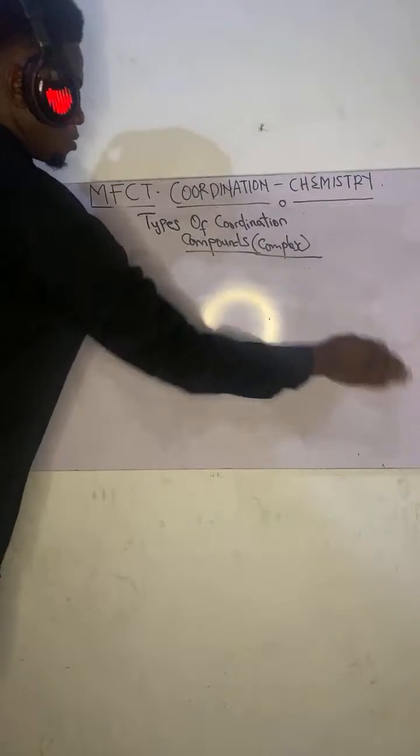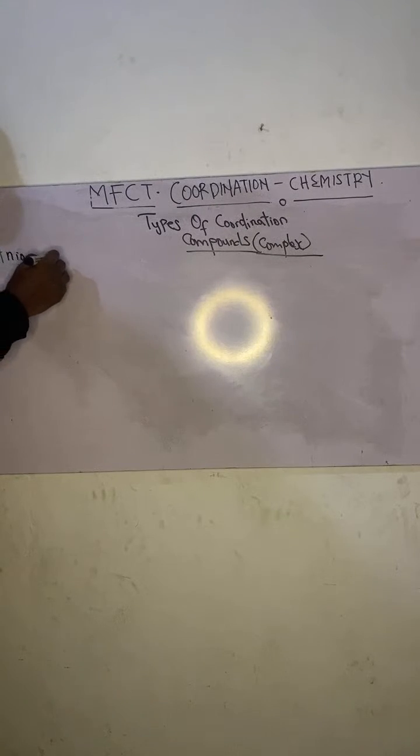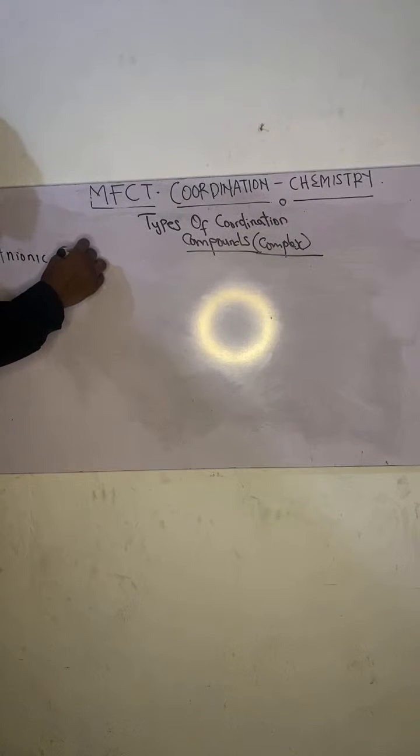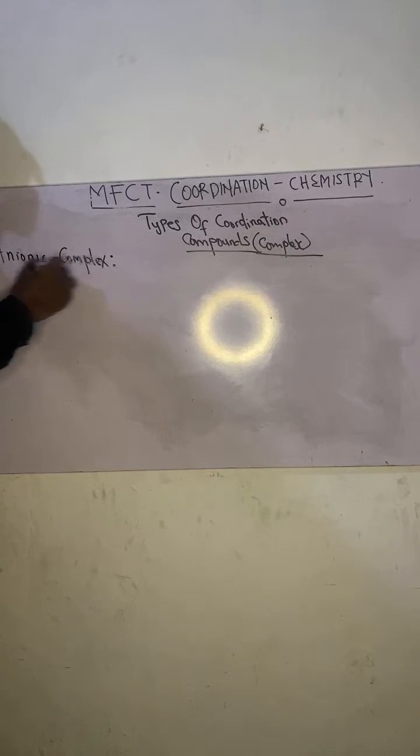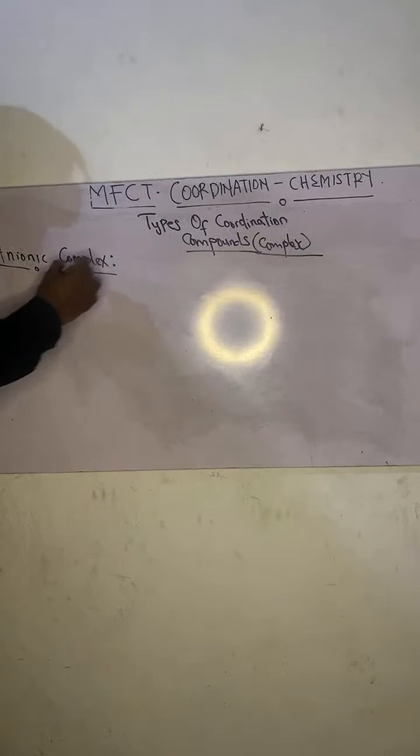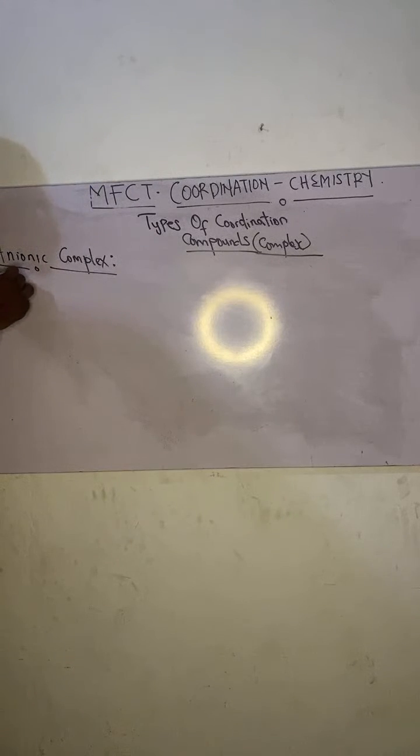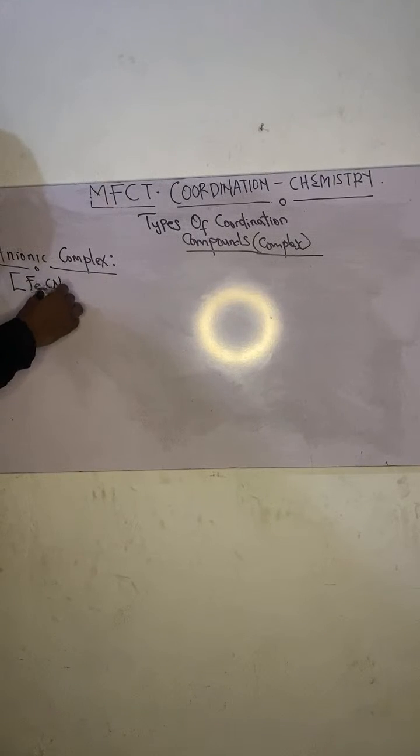Okay. Now, anionic. Now, a typical anionic compound is, we have something like [Fe(CN)6] all raised to power minus 4.